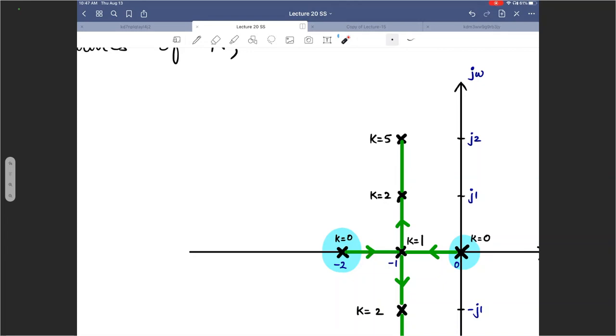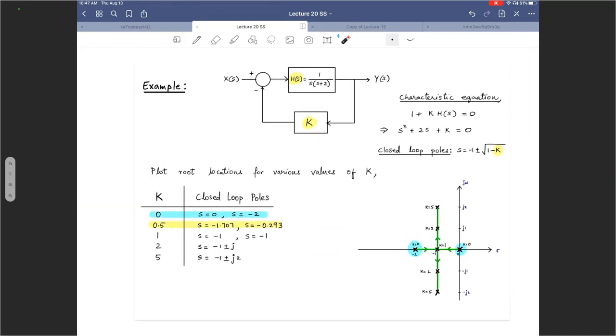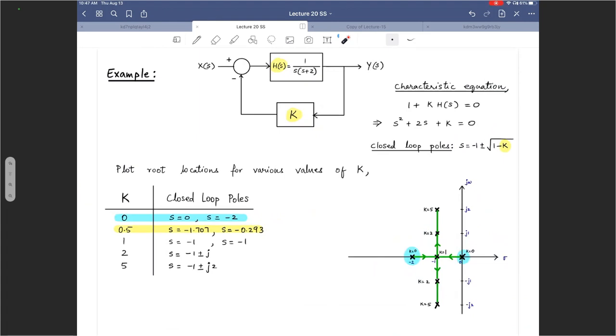So we can see that as you are increasing the value of k, the two poles are moving towards each other. That's good, because now this pole has become stable, that pole was already stable, so we would have an asymptotically stable system. Good. 0.5 is good.